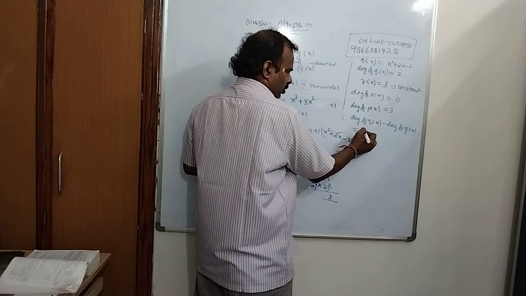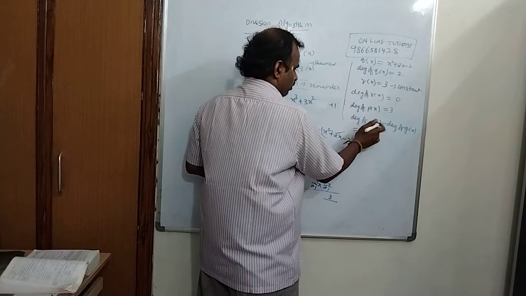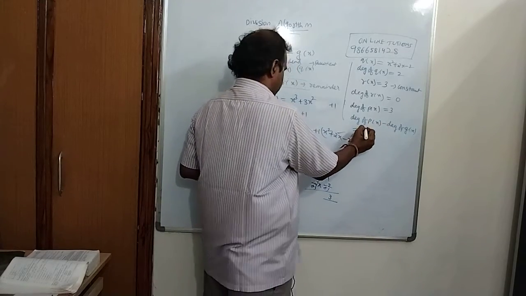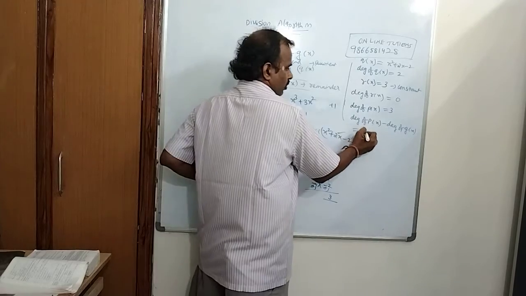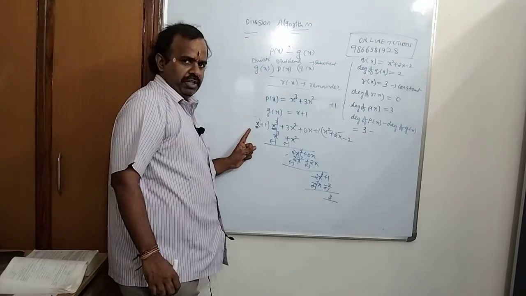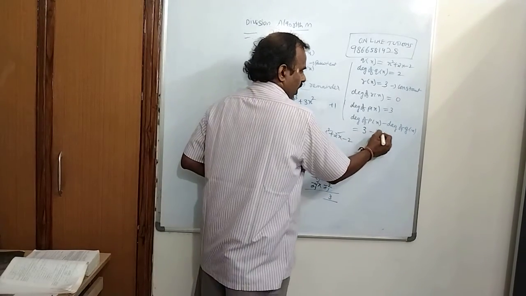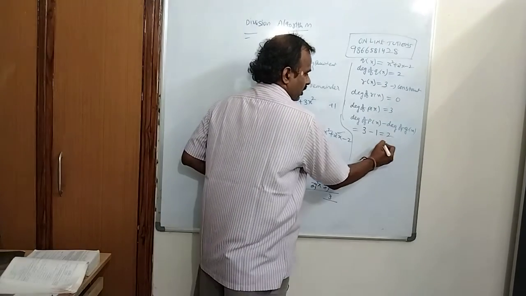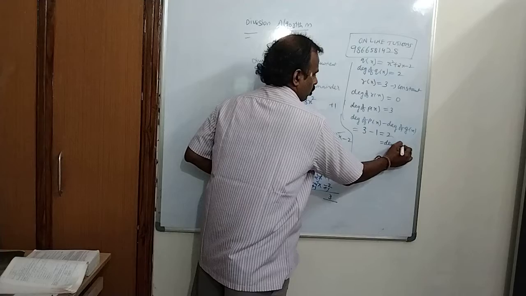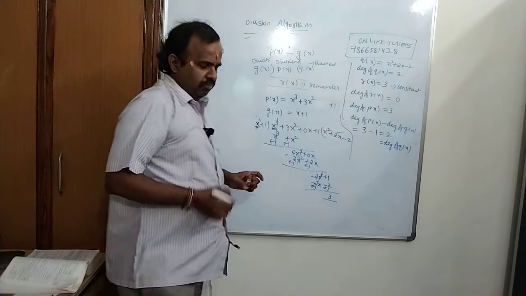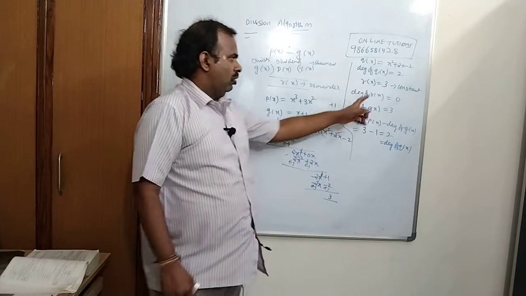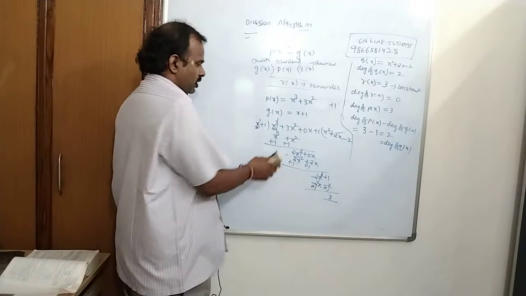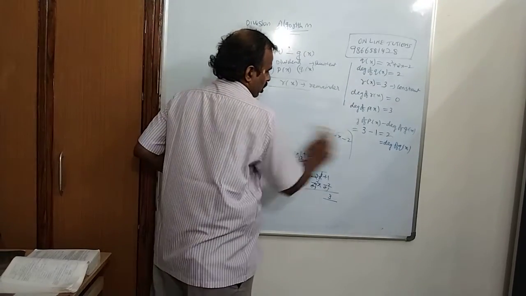Degree of p of x minus degree of g of x: degree of p of x is 3 minus degree of g of x, that is the divisor, it is 1, that is equal to 2, and 2 is nothing but degree of q of x, right? Now, just now I told about degree of constant is 0. How is degree of constant 0? Let us recollect the concept.